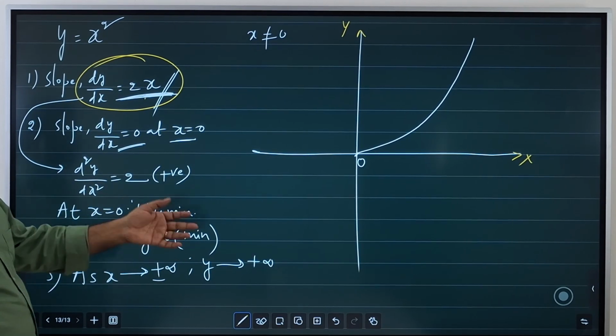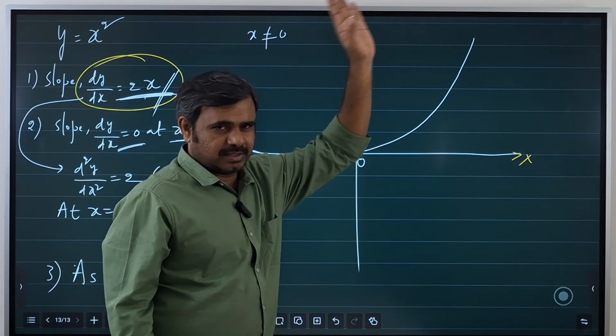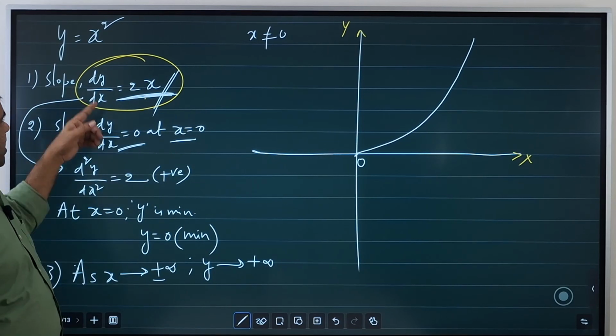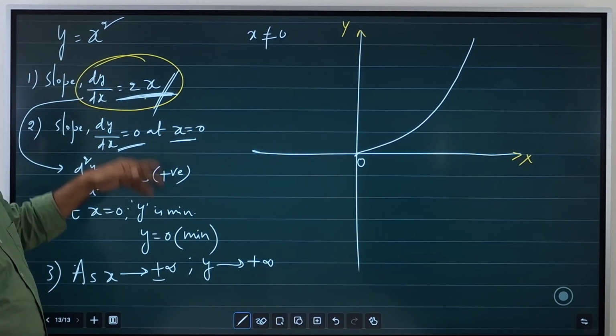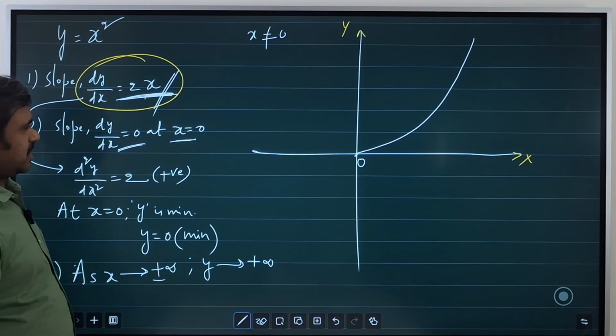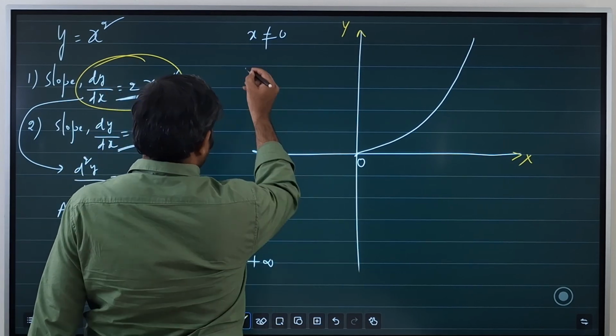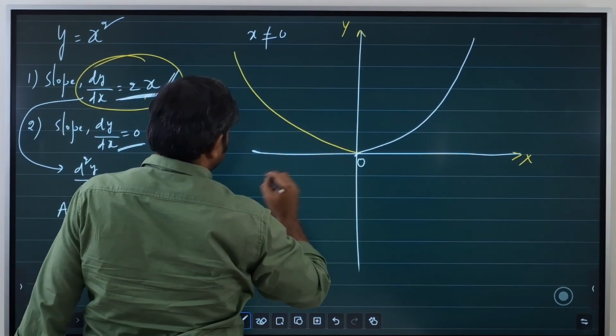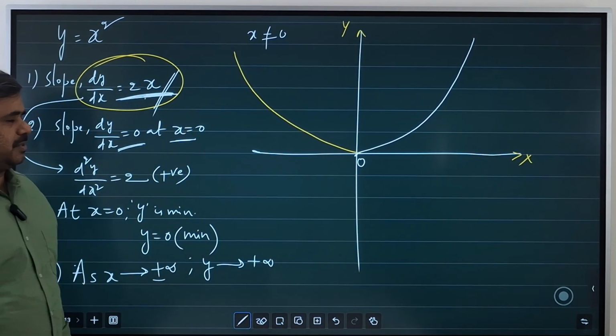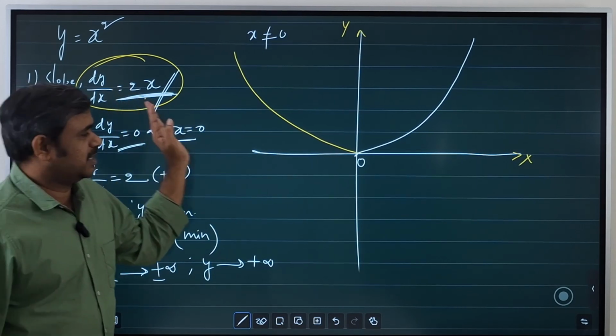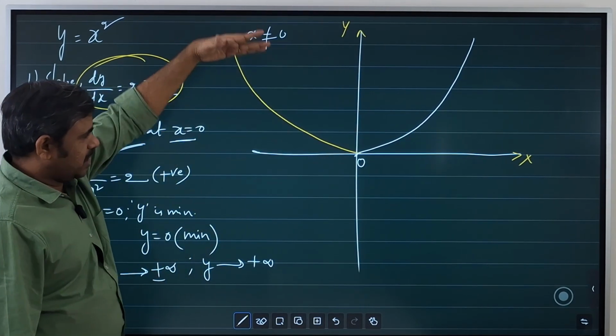So for positive values of x, slope is positive and increasing. For negative values of x, slope is negative. It means as x increases, y decreases.